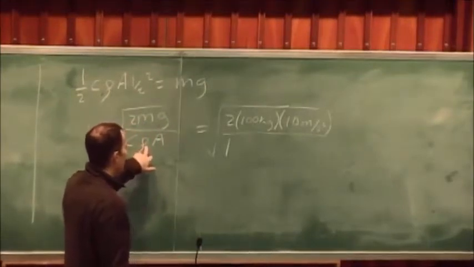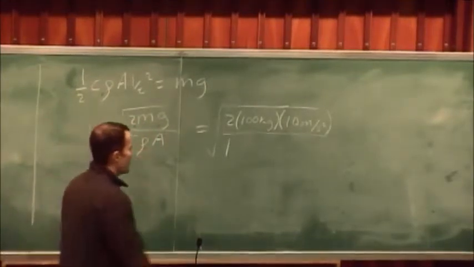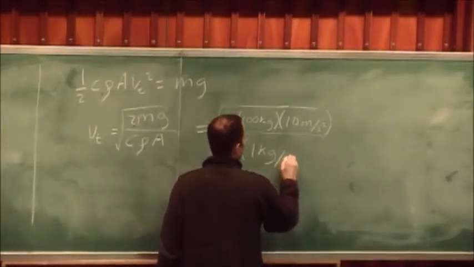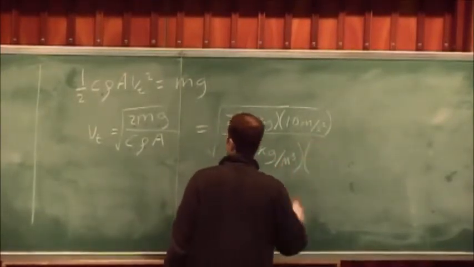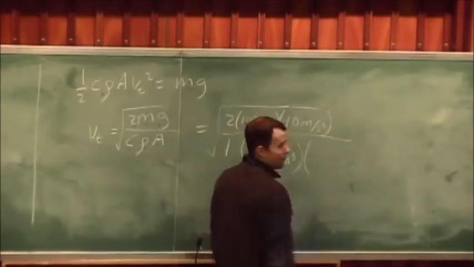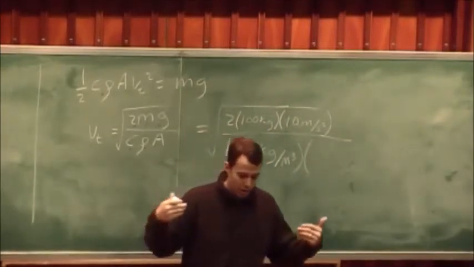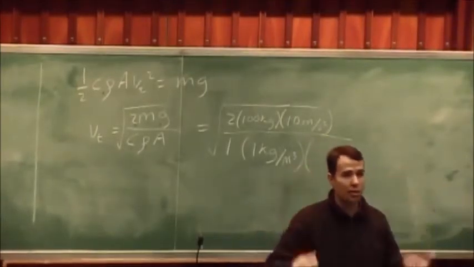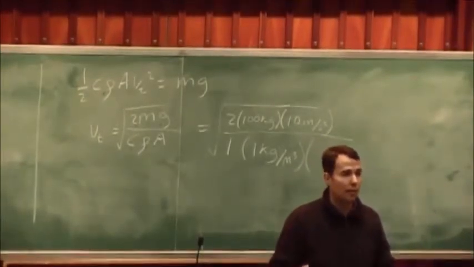And then the density of air is about 1 kilogram per meter cubed, times the cross-sectional area. How much cross-sectional area do you think a person has? Like how much do you think I have right now?